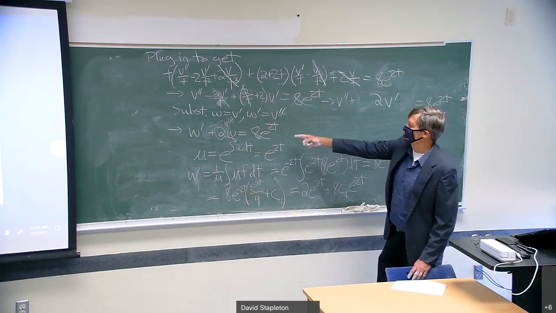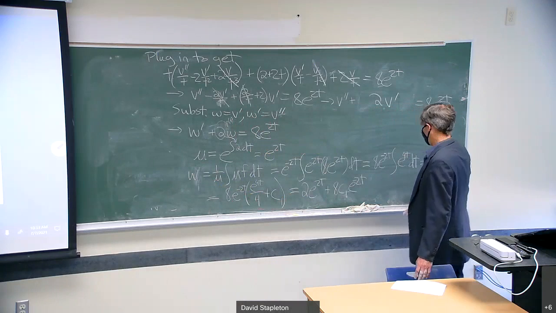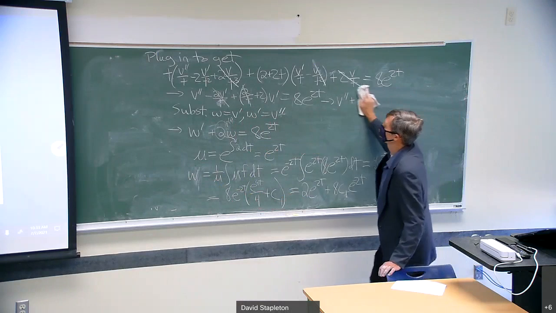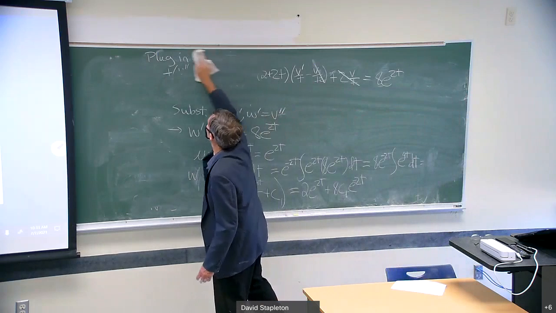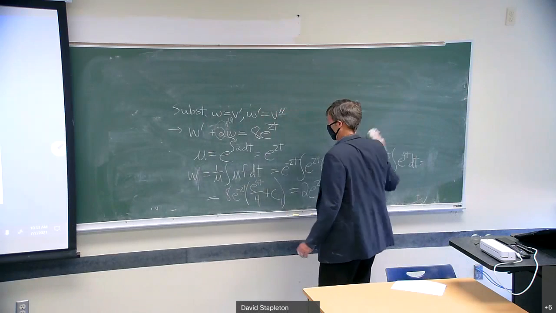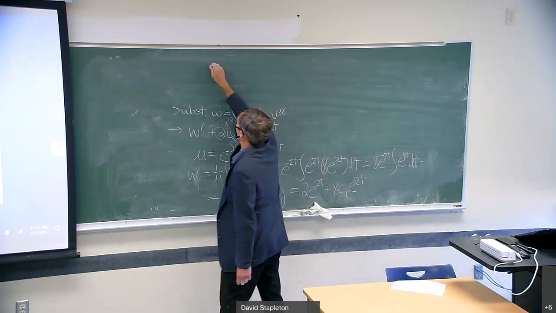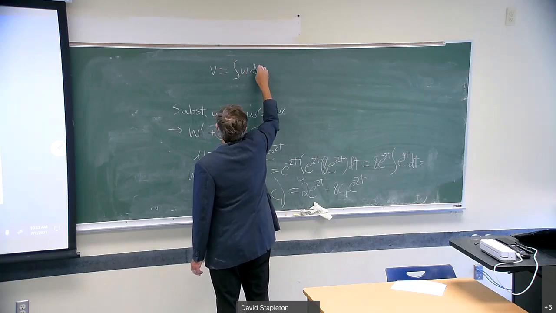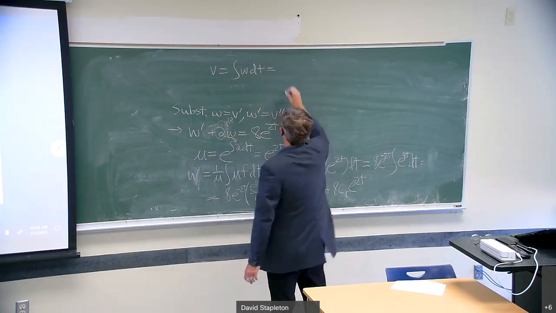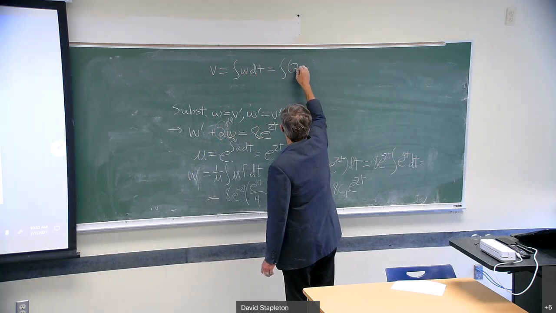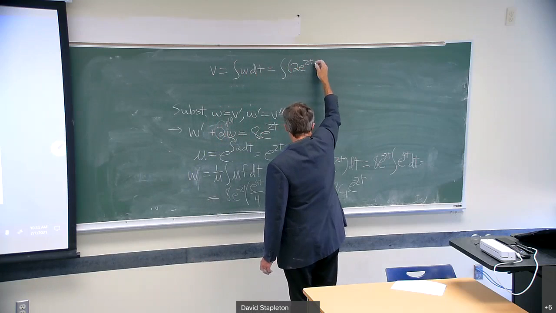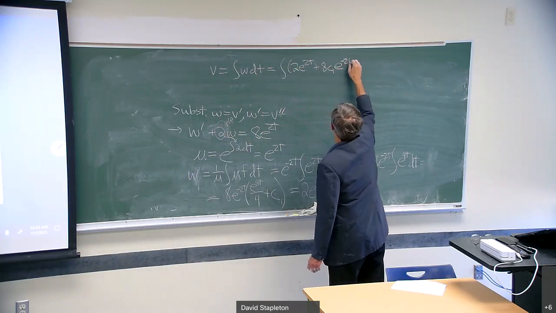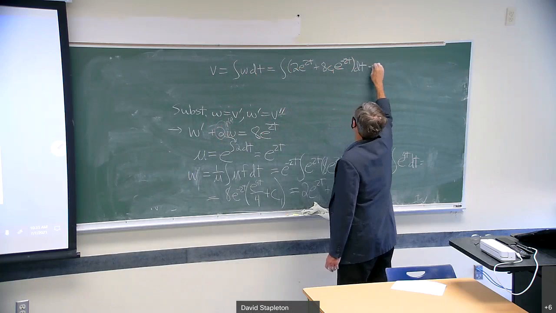I'm solving this equation for w. Now I'm going to have to erase something else here. Now v is the integral of w, remember, because w is v prime. It's the integral of 2 e to the 2t plus 8c1 e to the minus 2t dt.